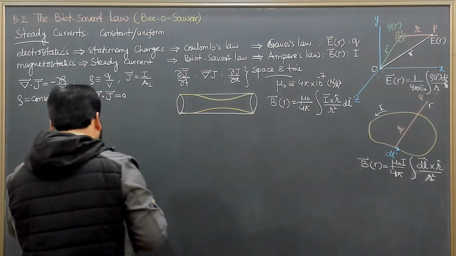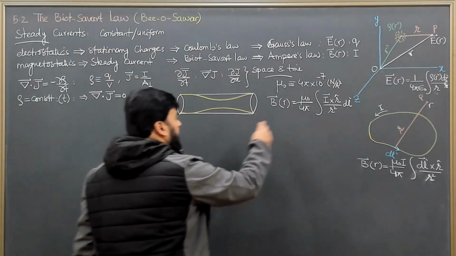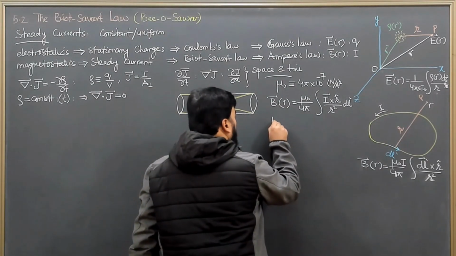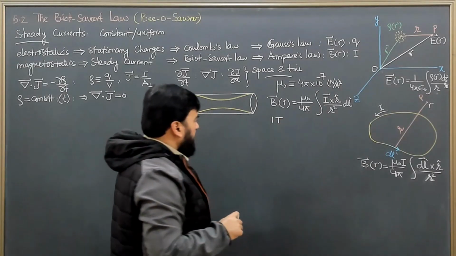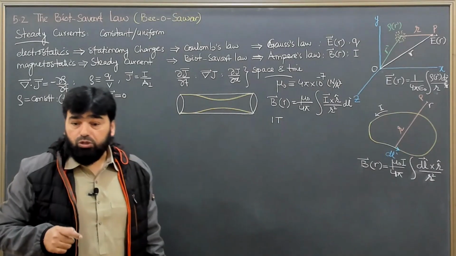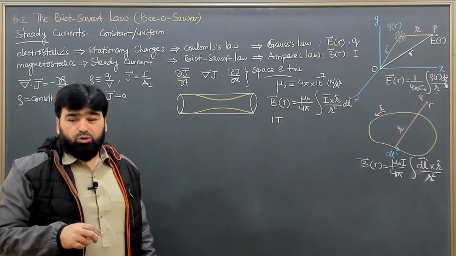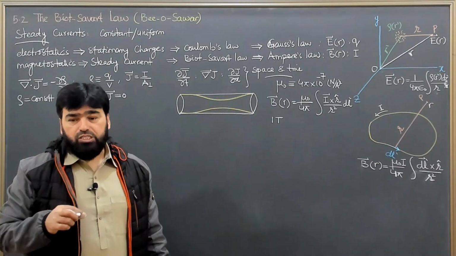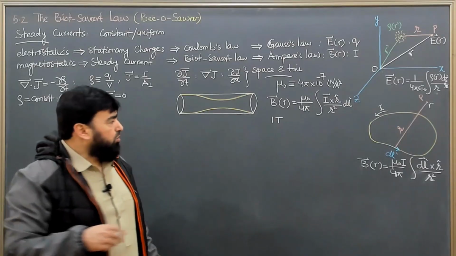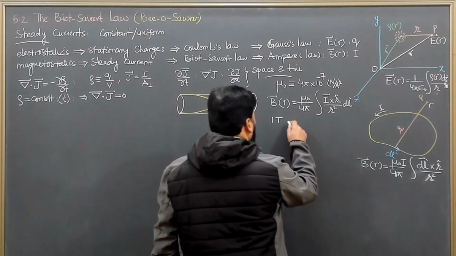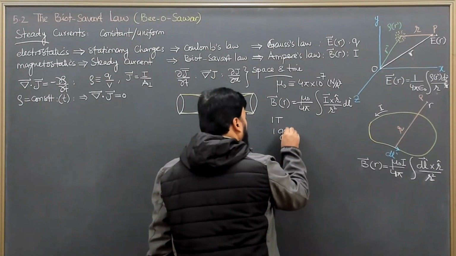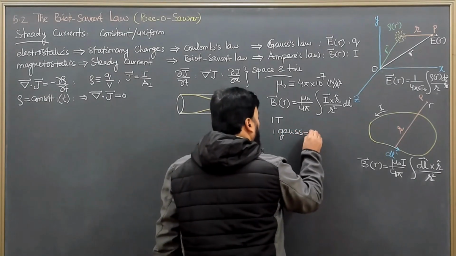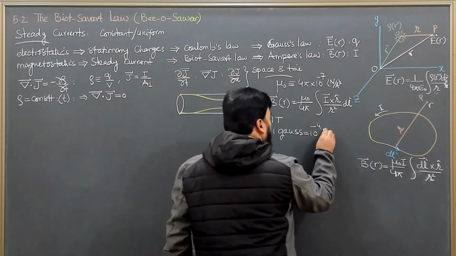Or 1 Tesla, we know 1 Tesla here. Tesla is also a unit of magnetic field, a very big unit of magnetic field, because usually our normal fields are in Gauss, and one Gauss is 10 to the power minus 4 Tesla.